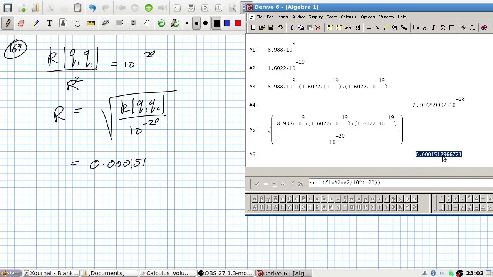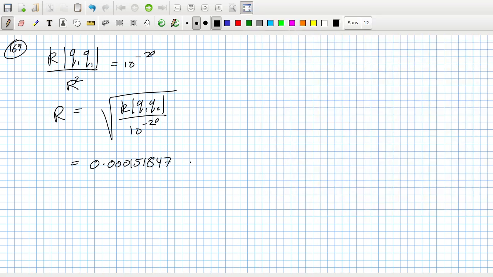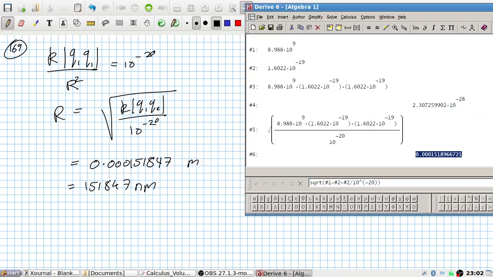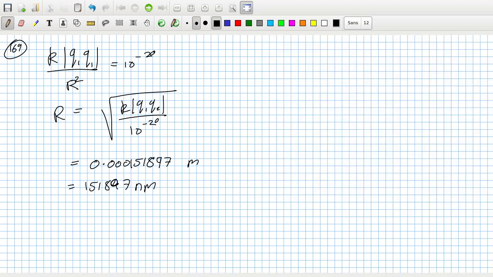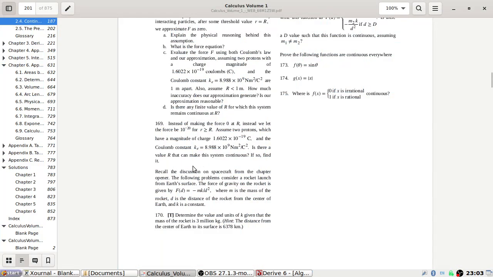So 897 meters. So we'll say that's 151,897 nanometers.